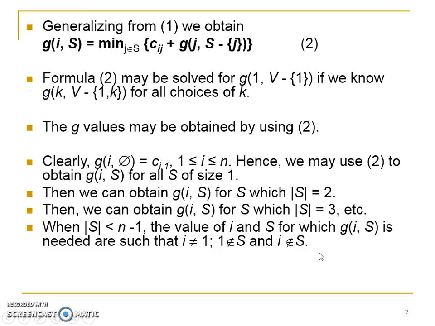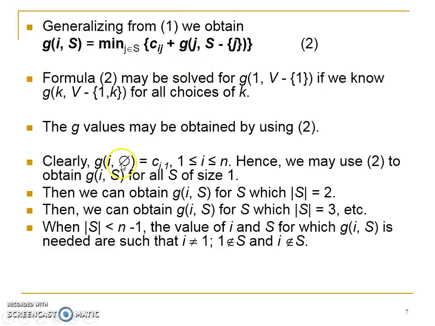Writing a general form of the recurrence relation, you can see G of I comma S will be, where I could be any vertex, not necessarily vertex 1, C of ij plus G of j comma S minus j. We know we can solve this equation for I equal to 1 and j could be any value of k. So we can obtain the values of G from 2.